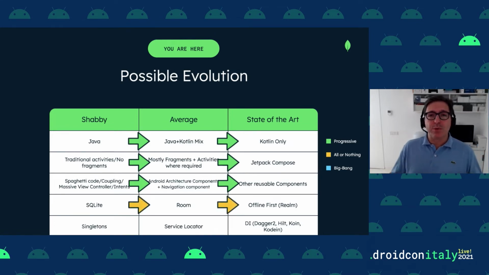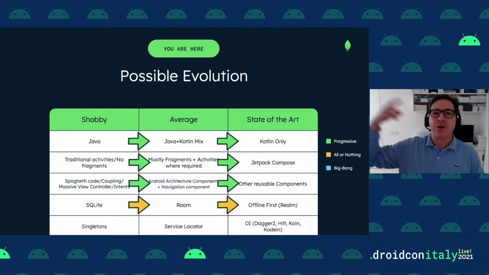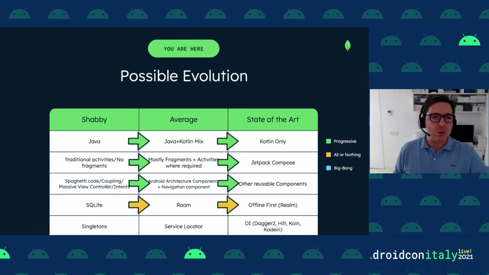If you want to improve your persistence and want to go with a solution that allows you to be offline first, and that without having to worry about communicating with the cloud, allows you to do this synchronization with other devices, other operating systems, and that you use native persistence with objects without any SQL, then you can decide to go to Realm. And that also would be a lot of progress from your previous implementation.